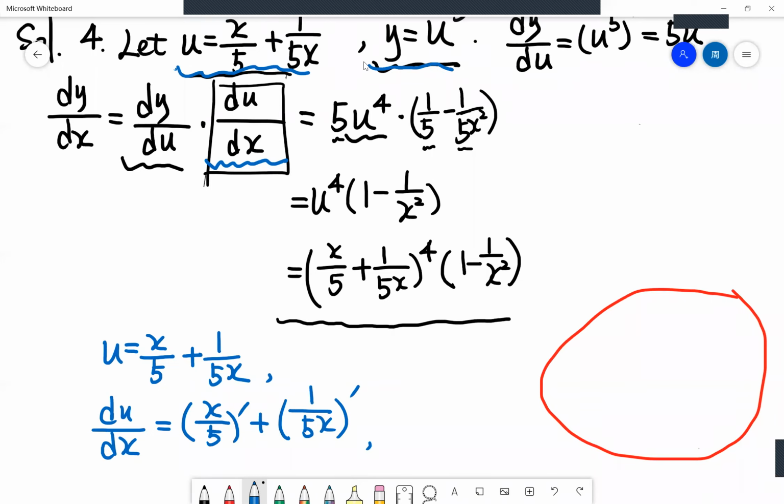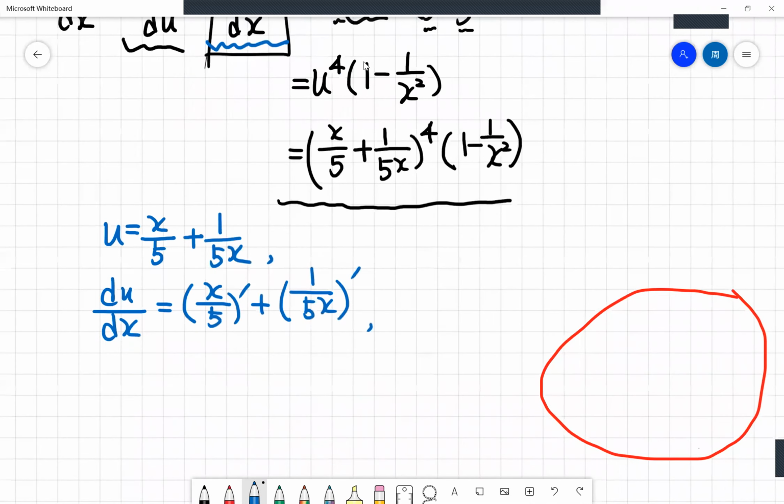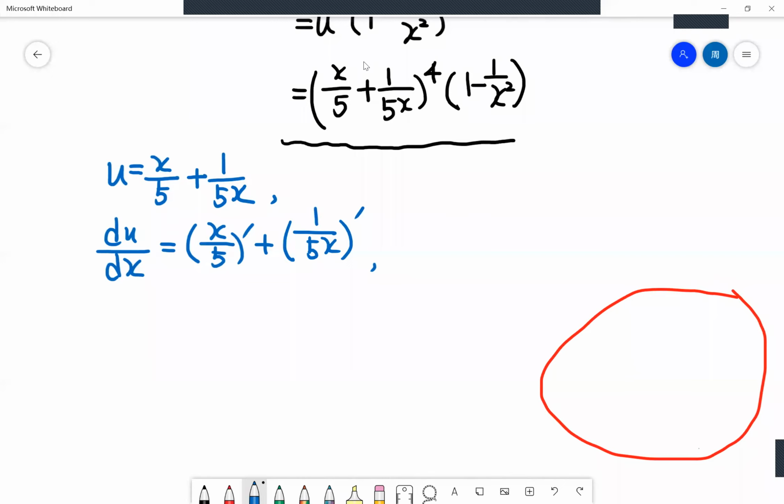So here you will see (x/5)'. We separate it again. (x/5)' equals 1/5 times x', right? And here 1/5 is a constant, so you can take it out, equals 1/5 times x'. And x' equals 1, because here the power is 1, right?